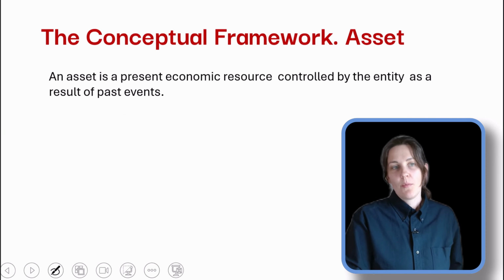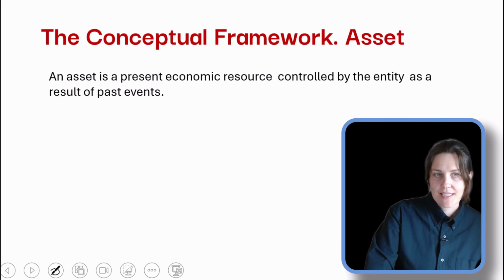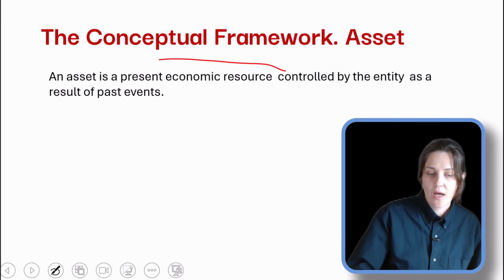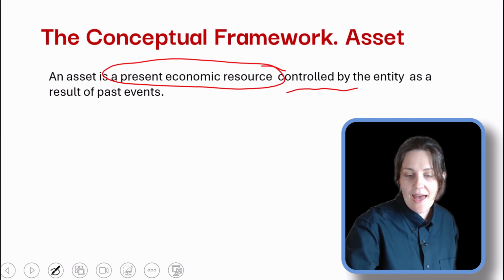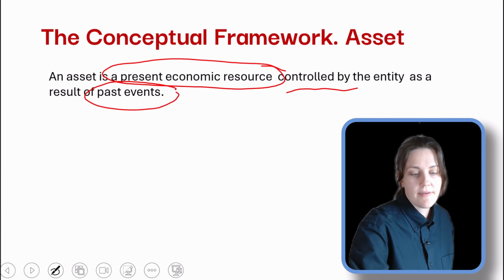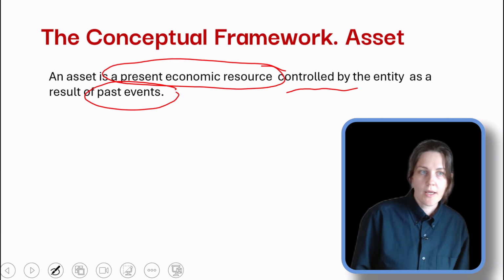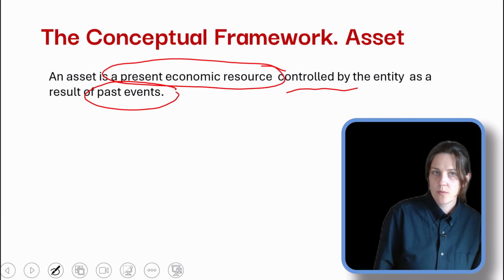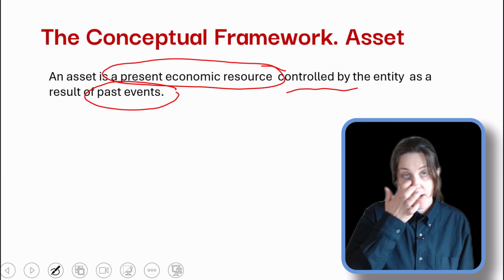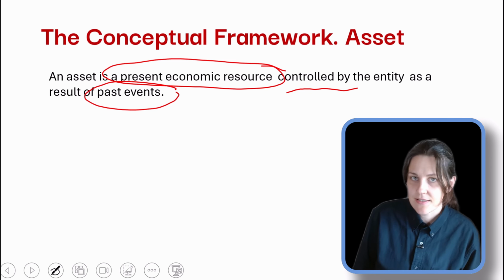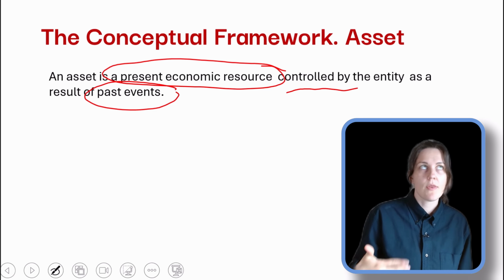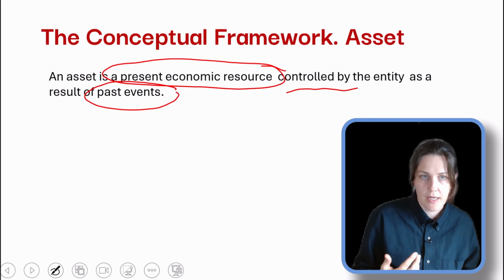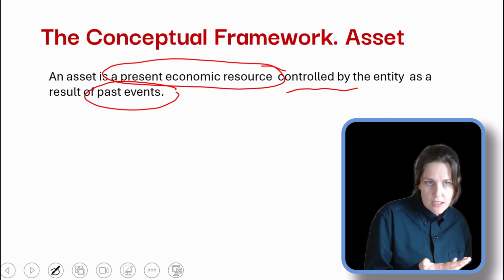The conceptual framework, the definition of an asset. It's a present economic resource, so we have to have something controlled by the entity as a result of past events. So for example, when we're talking about an internally generated brand, has it happened as a result of past events? Oh yes, it has happened because we spent money on marketing so that people would know about our company. Is it an economic resource?